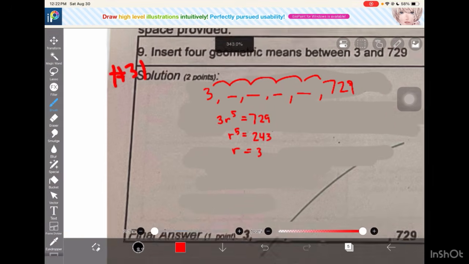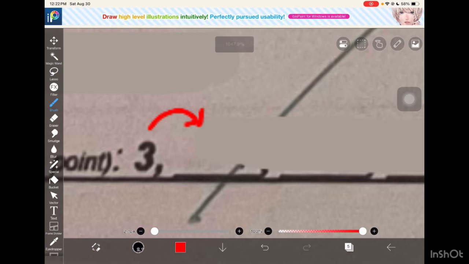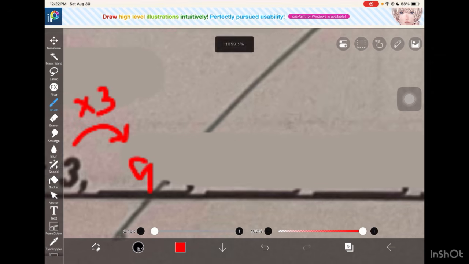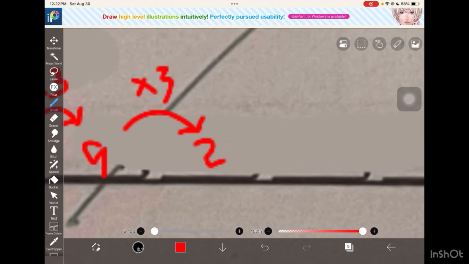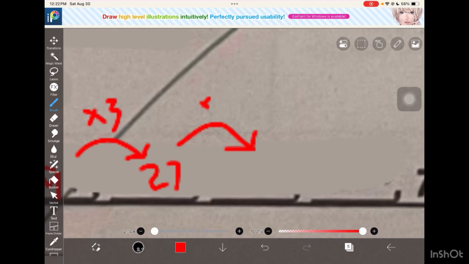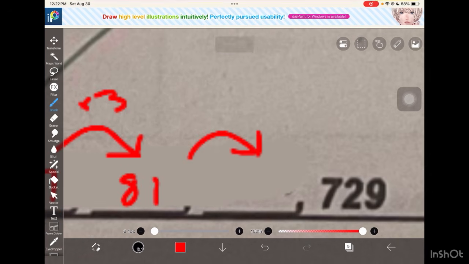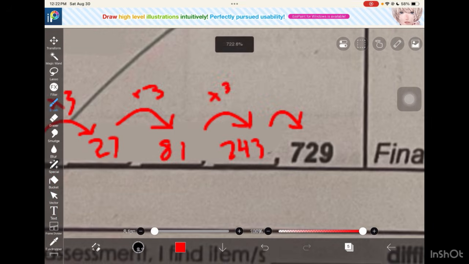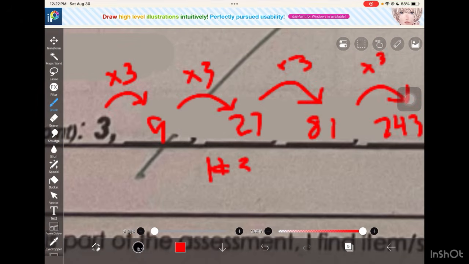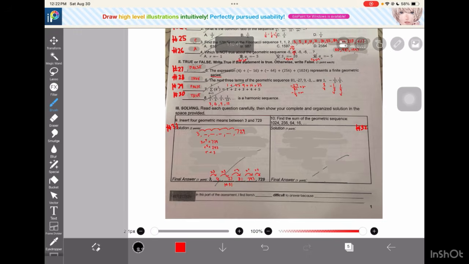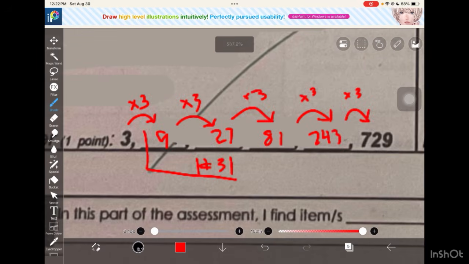With the r in mind, we can do times 3, that's 9, times 3, that's equal to 27, times 3 is equal to 81, and times 3 again is equal to 243. For verification purposes, times 3 is 729. Yes, it is. So this is our answer for number 31. Let me box that.